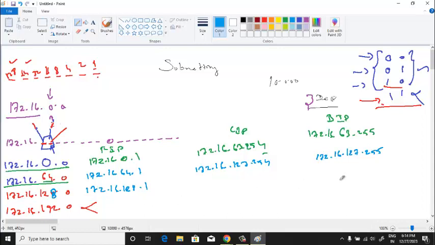What will be the broadcast? See, in order to write the broadcast, you need this. That's why I asked you to write this. Okay? All ones you should not take. You should not use it. But I asked you to write it so that when you write the broadcast, you will not make a mistake. How do I know 191? Because I see the next one is 192. Yeah? So copy this.